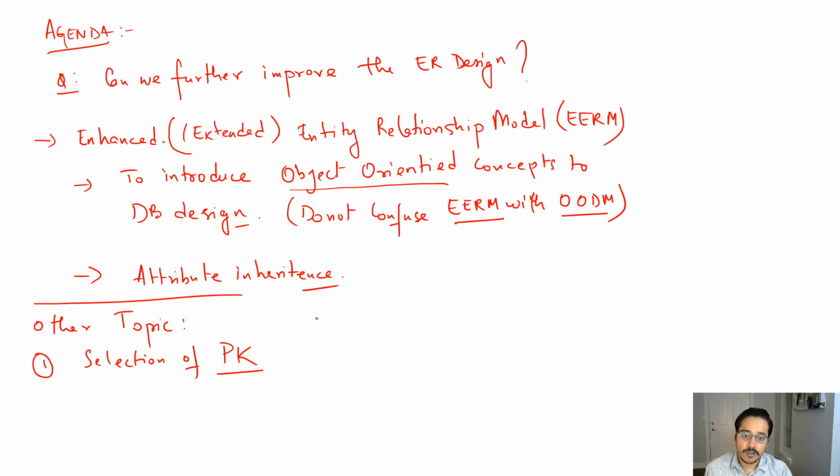Okay, so then the question is, if you have multiple candidate keys in a particular table, then how should you formally make a selection of the primary key, right? You cannot whimsically or on an impulse say that, okay, I'm going to select this one as the primary key, right? There has to be some sort of thought process behind that selection, right?